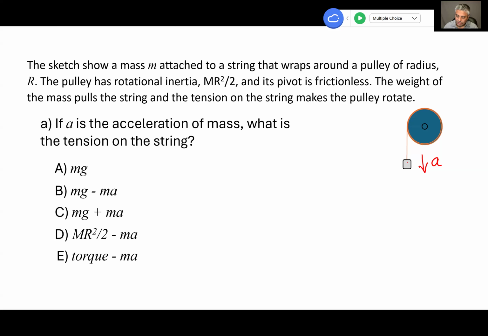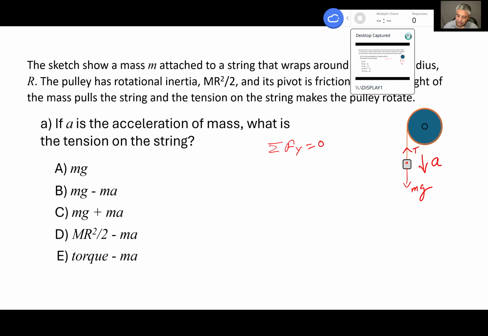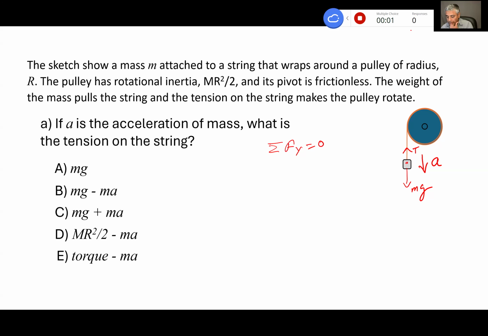You want to make a free body diagram of this. See, the tension is there and weight is there, and you can find the tension. So use Newton's second law, sum of forces along the y direction is 0, and pull on it. So you have 1 minute and 30 seconds for this.